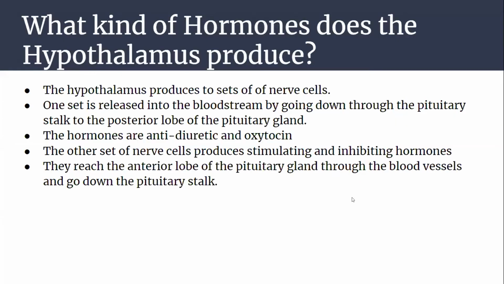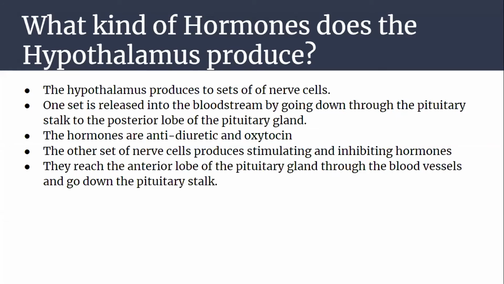So, the hypothalamus produces hormones in two sets of nerve cells. One set releases into the bloodstream by going down through the pituitary stalk into the posterior lobe of the pituitary gland, and the hormones are antidiuretic hormone and oxytocin.